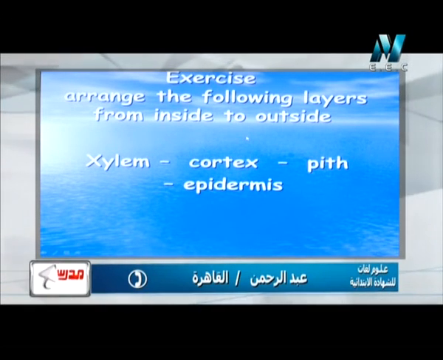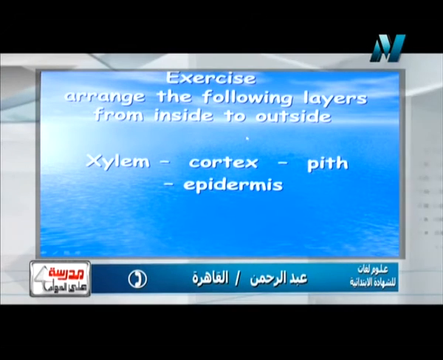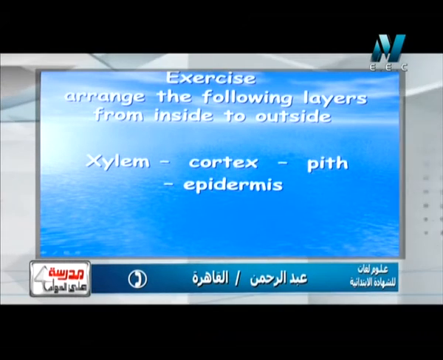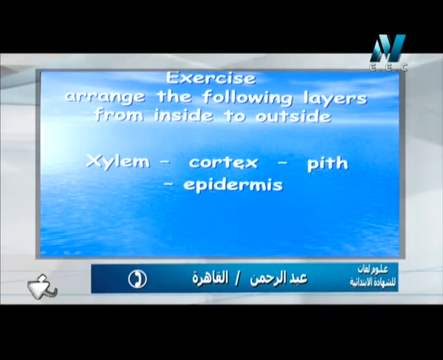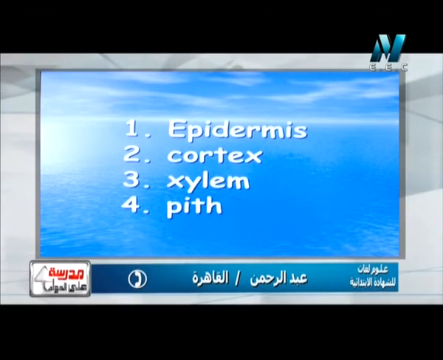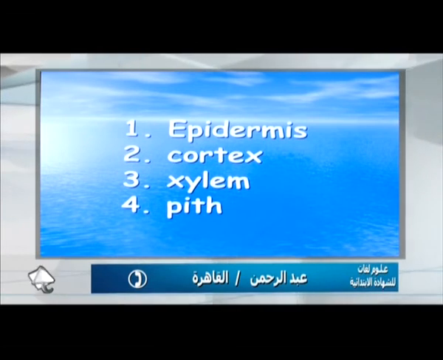Pith. Yeah. Xylem, very good. Then cortex, Abdurrahman. And the last layer from outside will be epidermis. So the answer will be pith, xylem, cortex, epidermis from inside to outside, that is, epidermis, cortex, xylem, pith from outside to inside. Okay?